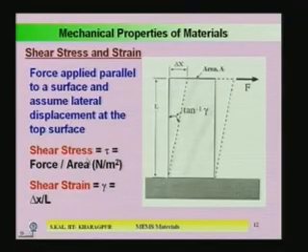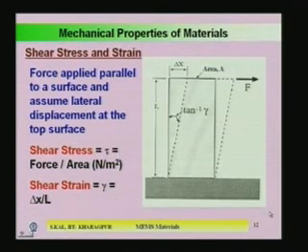And shear stress is again force per unit area, Newton per meter square, denoted by tau. So, shear stress is tau, and shear strain gamma is delta x by L, where the displacement is delta x on this surface.